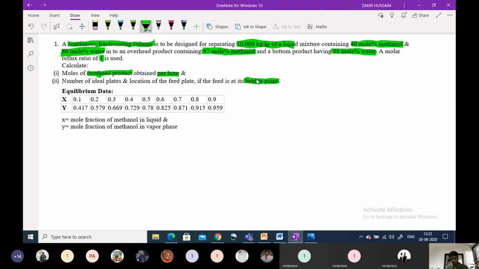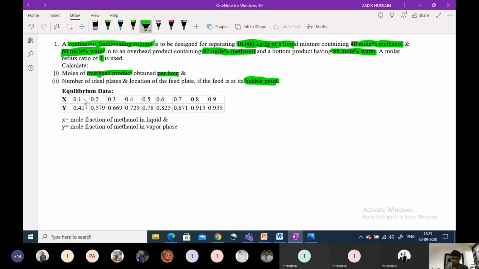You can verify from the earlier PPT or notes. You have to identify this statement, then only you know the q value. Without the q value we can't solve this problem. So by giving the bubble point they are indicating the feed is entirely liquid, at its saturation stage. For saturated liquid, q is equal to 1.